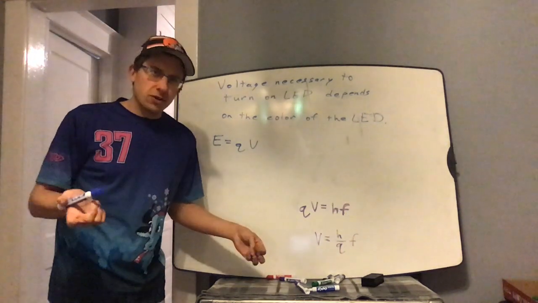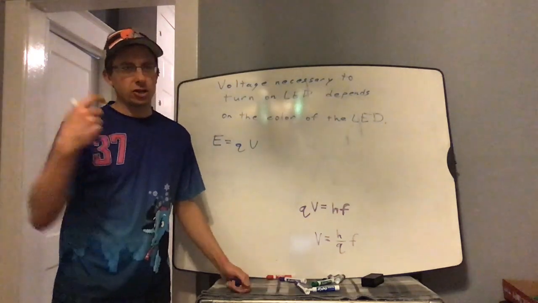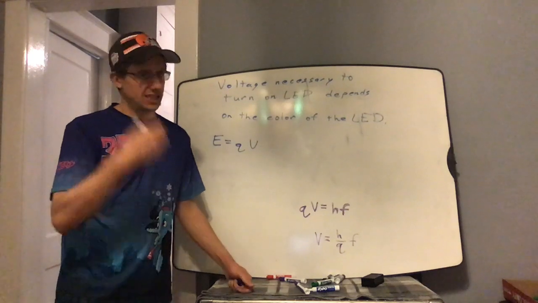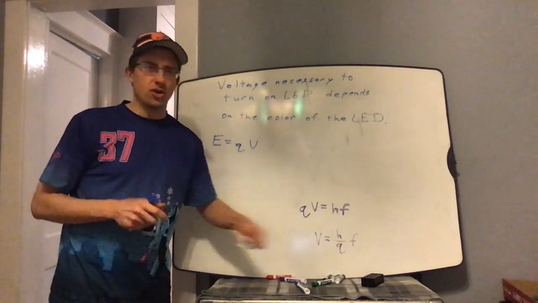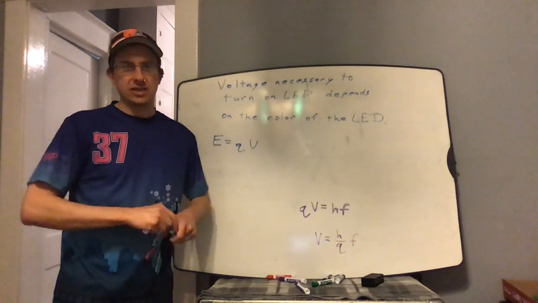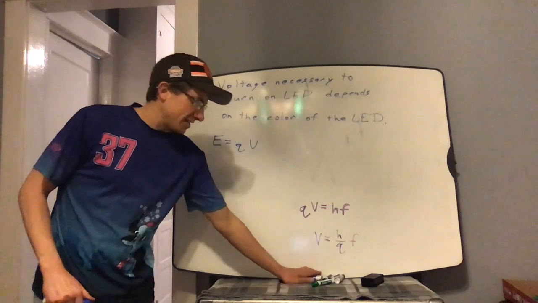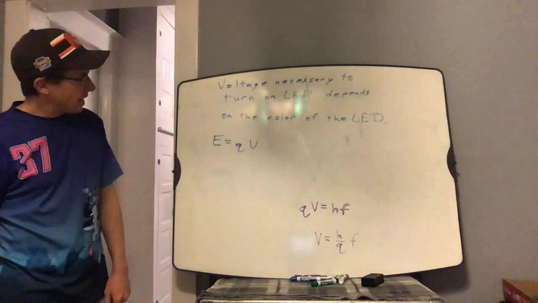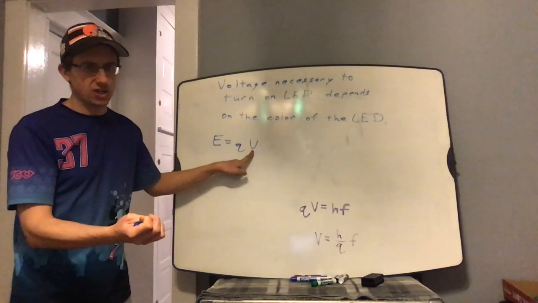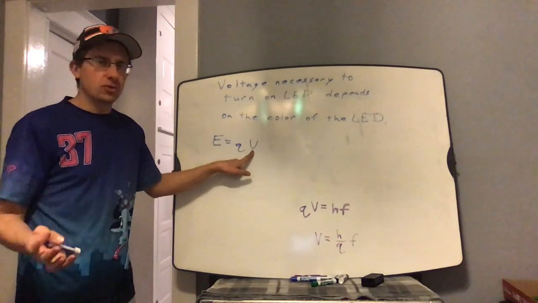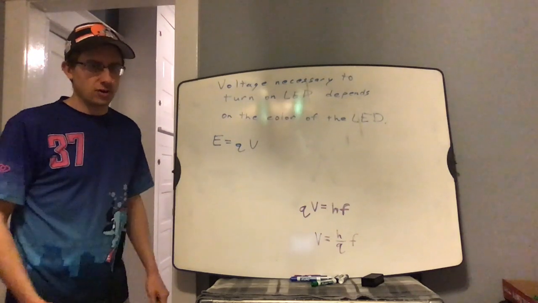Okay, how do we know if the light is actually turned on? Because I could look at an LED, but I'm in a room with light, my eyes are not perfect, so I want to know if the LED is actually on or not. And the way we're going to address that is, if I do not provide enough voltage, the electrons are never going to transition, and the LED will not turn on.